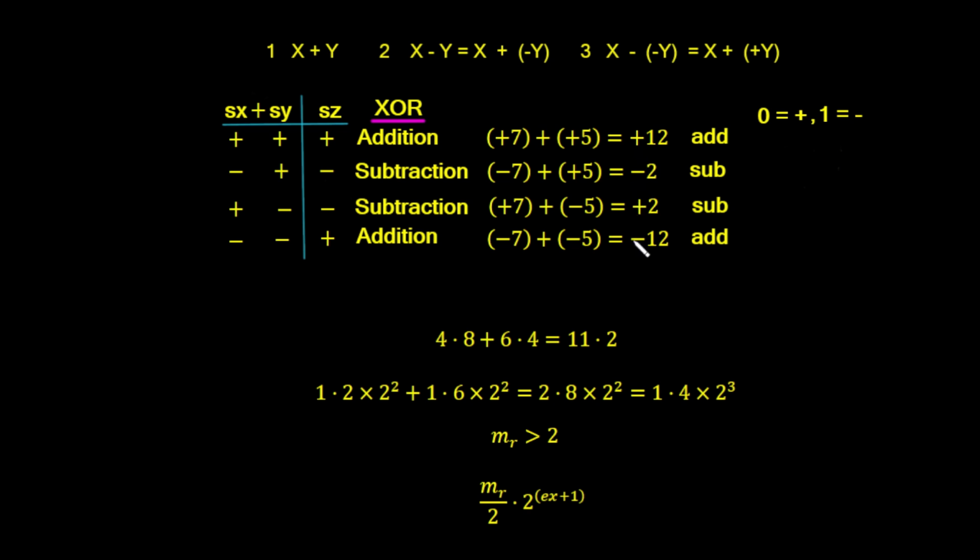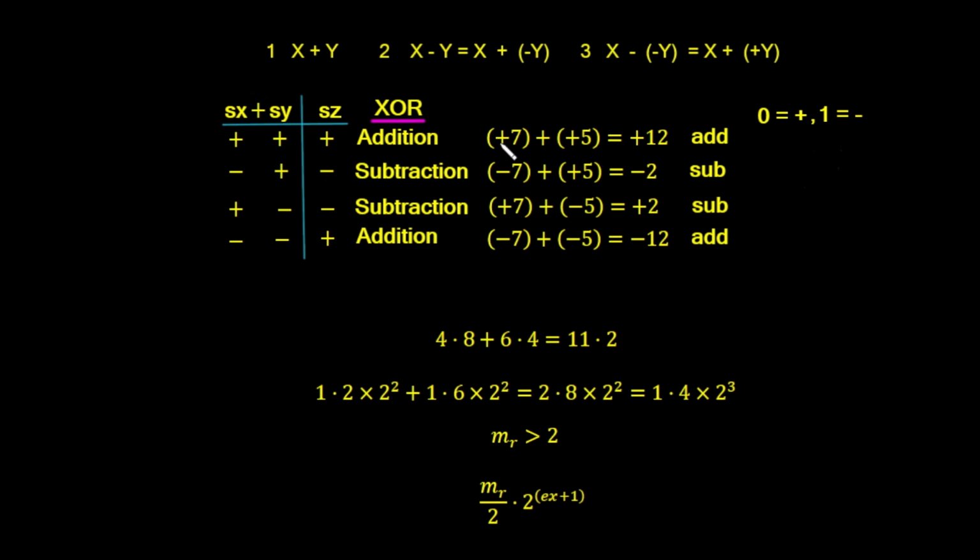Well, there's a neat little thing that we can do here. If we ensure that the value for our x is always greater than the value of our y, now by greater I mean the absolute value, okay? So the absolute value here, 7, is greater than 5, and again here and again here. So if we always ensure that this value here for x is always greater than y, then you'll notice that the sign of the answer is always given by the sign of the largest value.